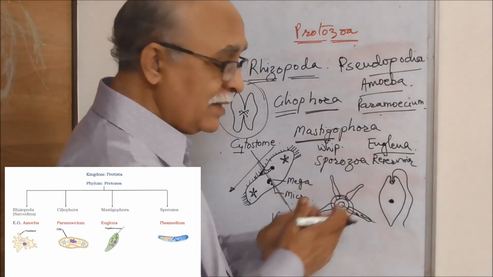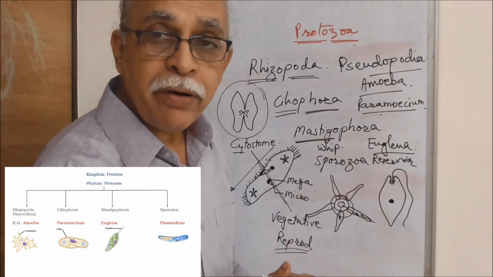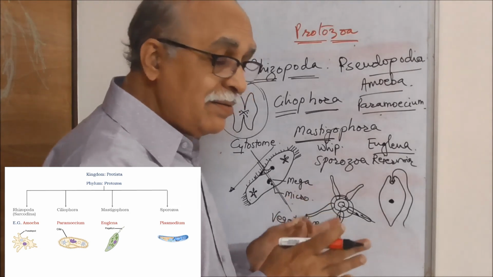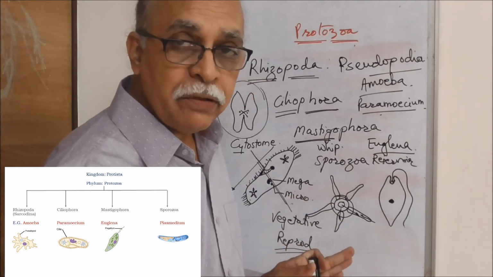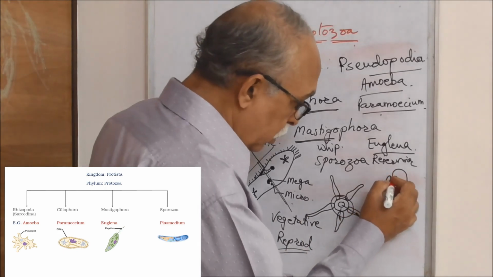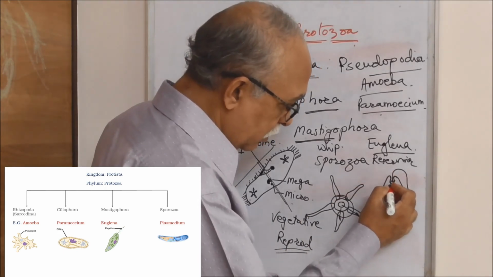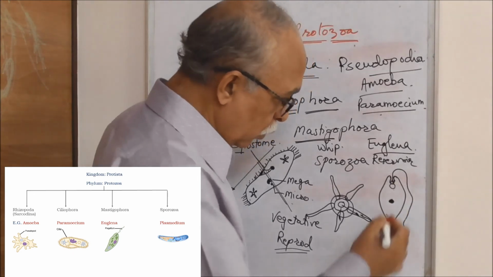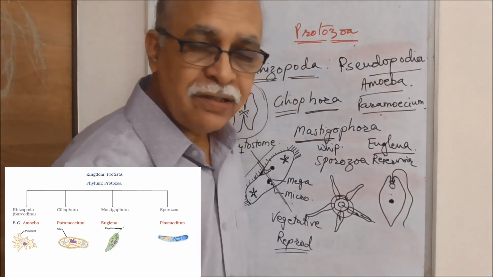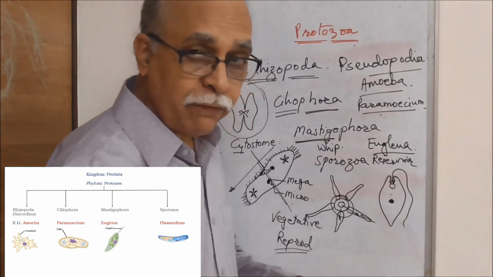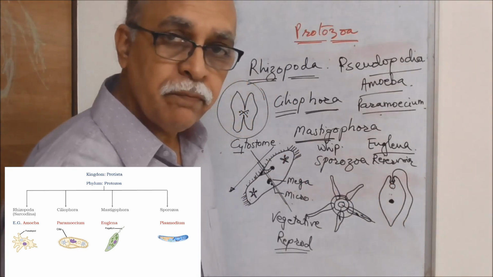So it can synthesize carbohydrates to some extent. But that doesn't satisfy its nutritional requirement. So through here, the food particles along with some water can be ingested. It can result in formation of a food vacuole, which can then undergo digestion inside the cell. So nutrition is autotrophic as well as heterotrophic.